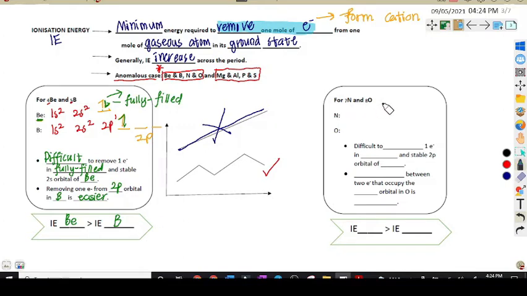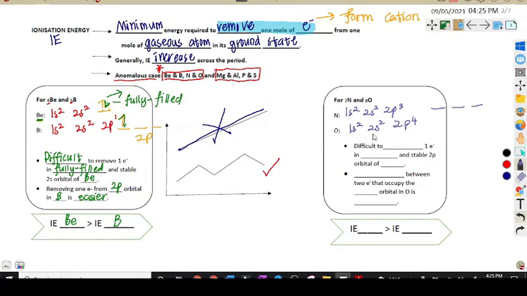For nitrogen and oxygen, nitrogen has proton number 7, so it would be 1s2, 2s2, 2p3. For oxygen, that would be 1s2, 2s2, 2p4. Now, you have to draw the valence orbital diagram.